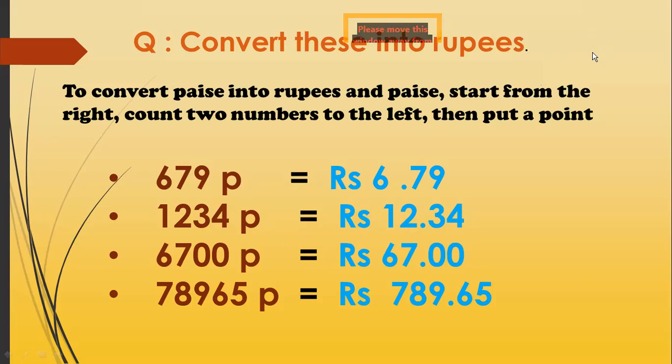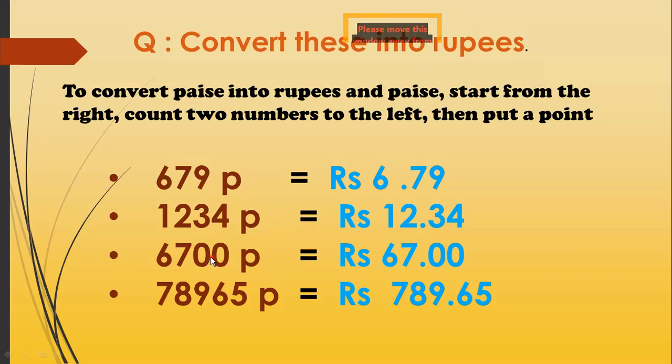Now come to example number 3. 6,700 paisa. So you can see here, start from the right-hand side, count two numbers to the left, 1, 2.